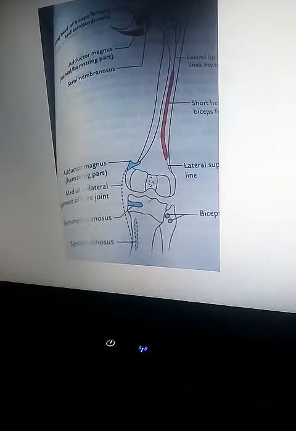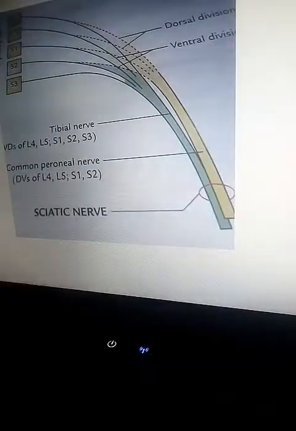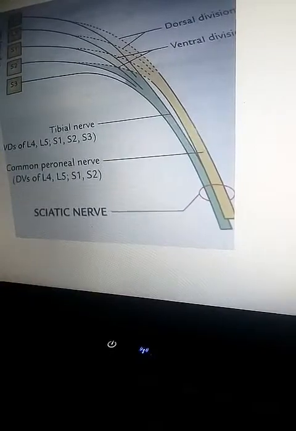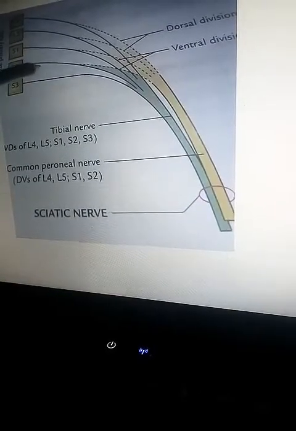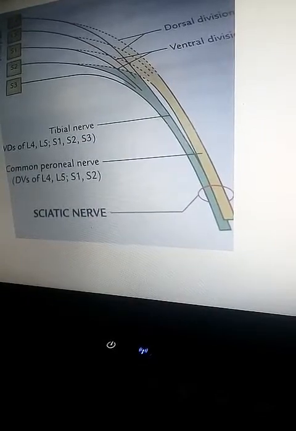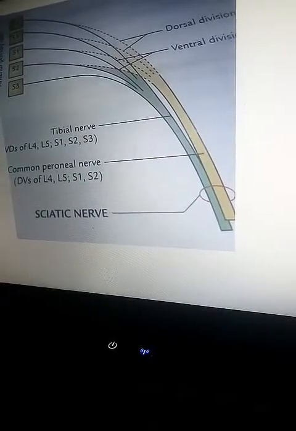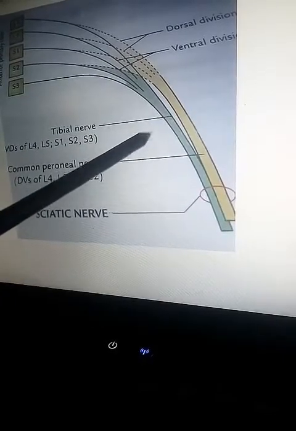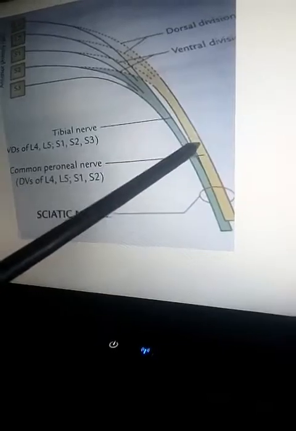Now another important thing is the sciatic nerve. The sciatic nerve is the thickest nerve in the body. It is about 1.5 to 2 centimeters wide at the beginning. It arises from the sacral plexus in the pelvis and consists of two parts, the tibial part and the common peroneal part.